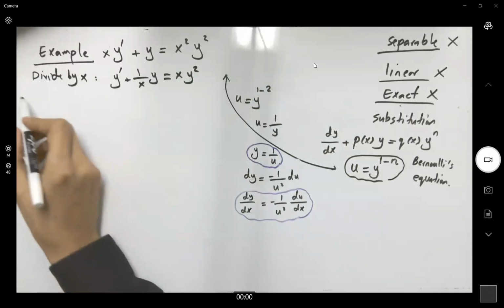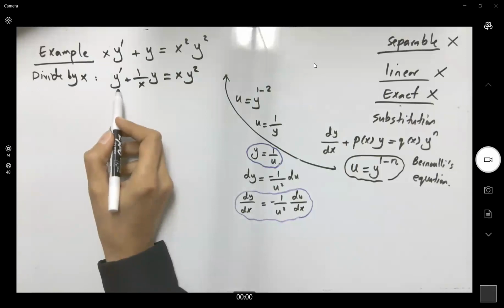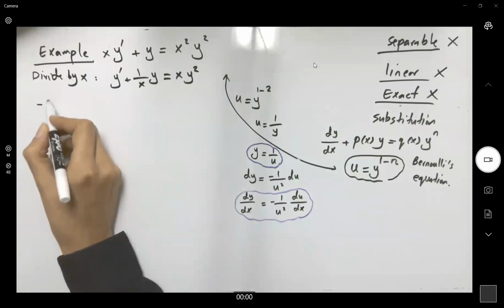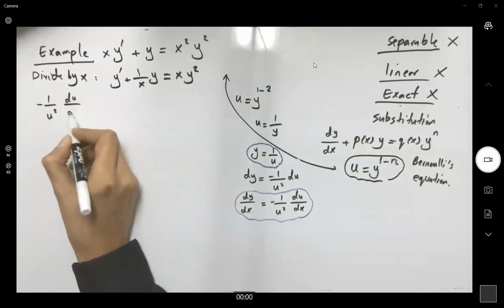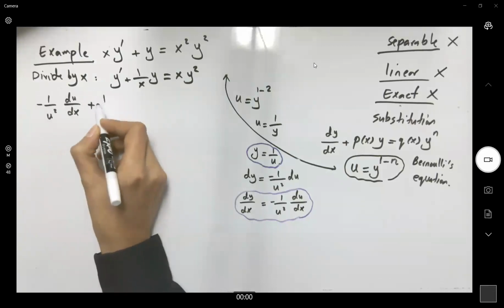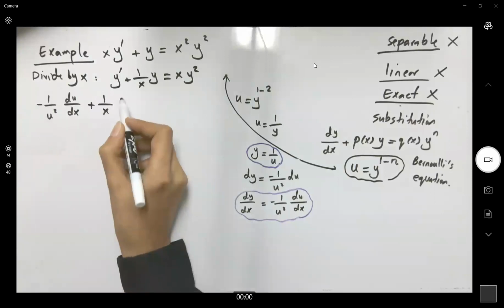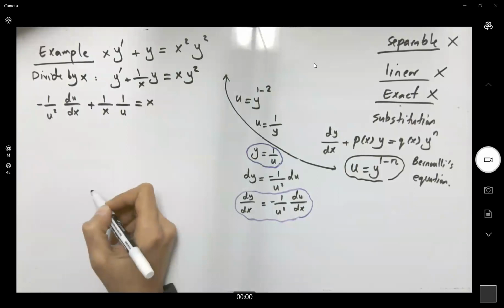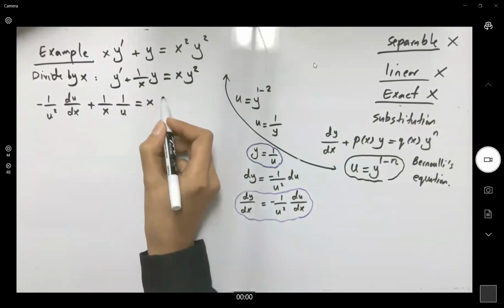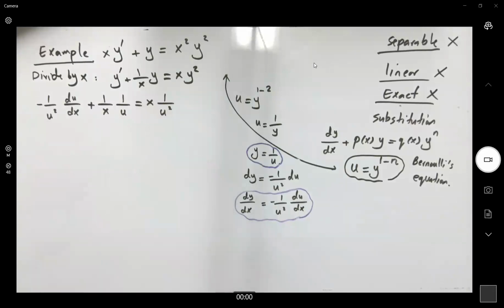So let us begin. The equation becomes negative 1 over u squared du over dx plus 1 over x times 1 over u equals x times 1 over u squared.